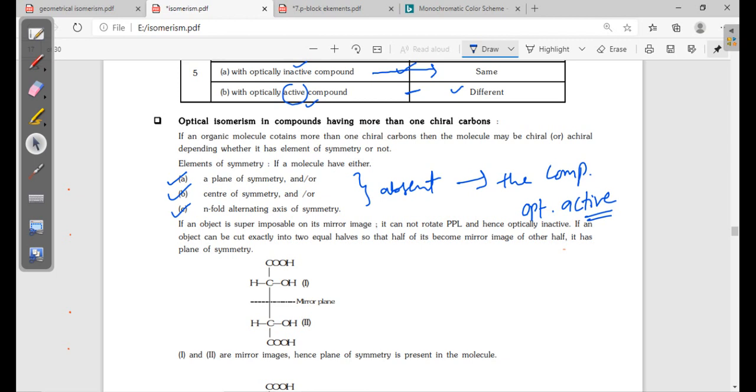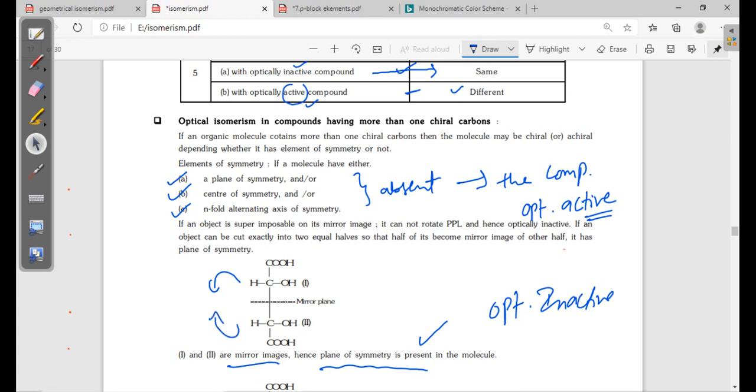Okay, see here, these two are mirror images, a mirror plane is there, 1 and 2, above 1 and below 1 are mirror images, hence plane of symmetry is present, therefore optically inactive. Why optically inactive? Because if there is clockwise rotation, obviously there will be anti-clockwise rotation, and the resultant will get cancelled.